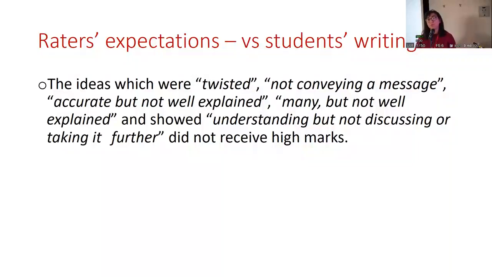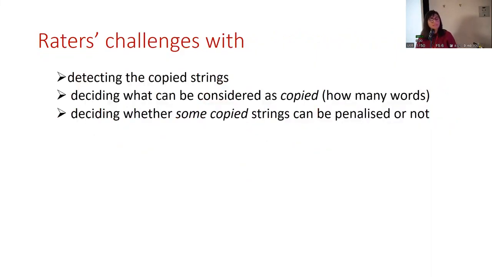Yes, you can see that those ideas used in the essay are accurate, but they are not well explained, or the students are not taking those ideas further in order to present them as evidence or conclude their statements. So these essays didn't receive high marks. And those were some of the key highlights.